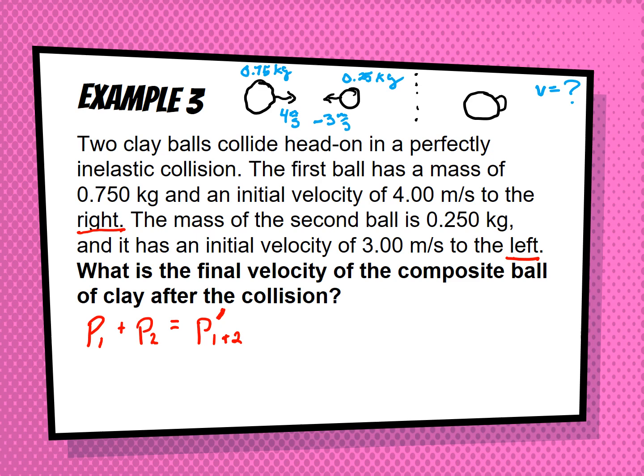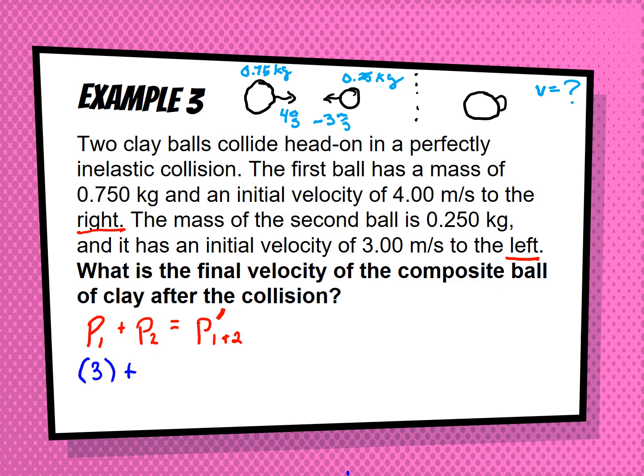So we can plug in some numbers. 0.75 times 4 will be 3. So that one has a momentum of 3 before the collision.